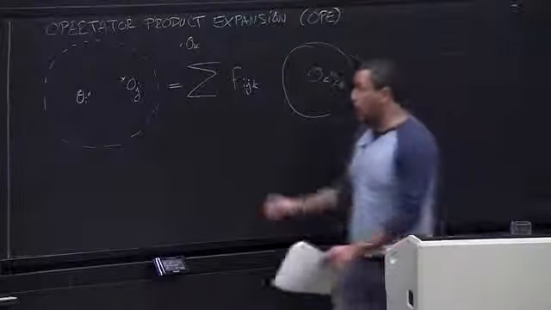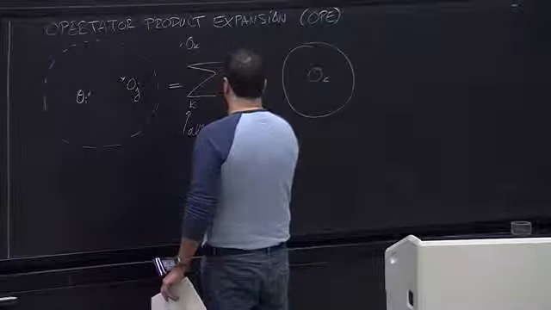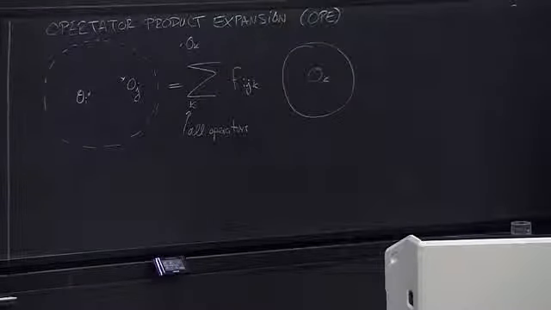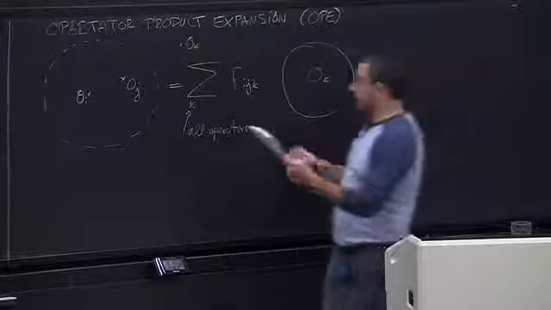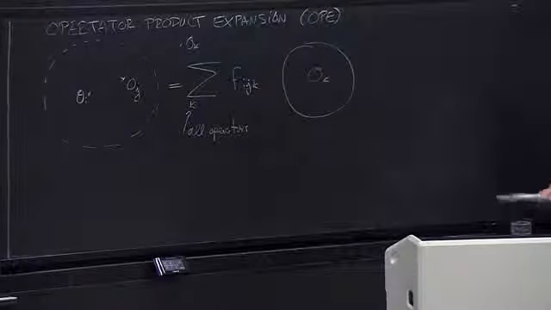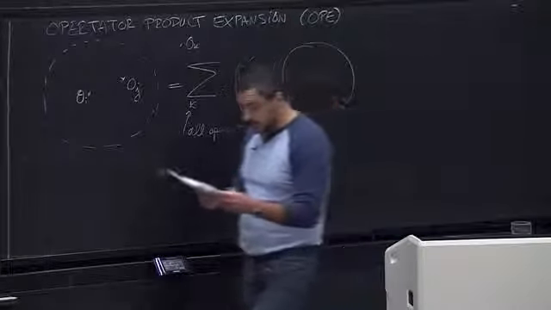So I sum over all possible operators. This is the analog of the multipole expansion. And this coefficient, of course, is a function. We'll see what it is a function of. So this is the multipole expansion that you can do in field theory.